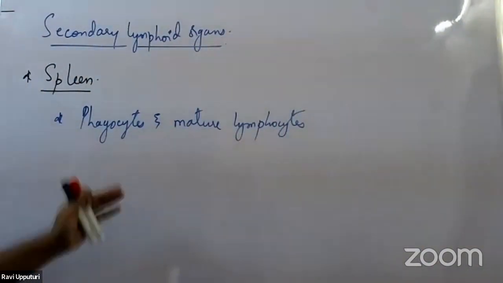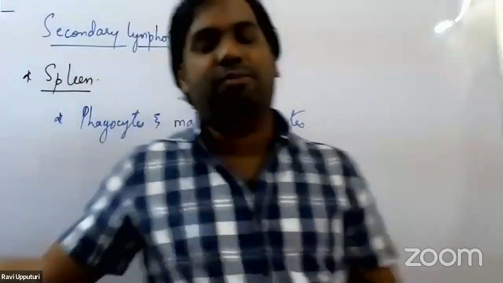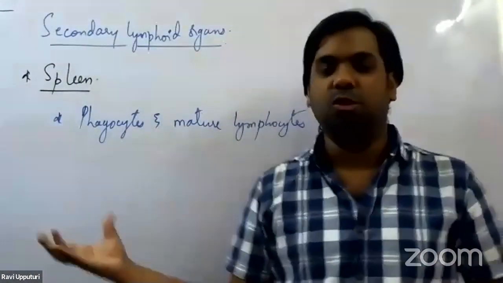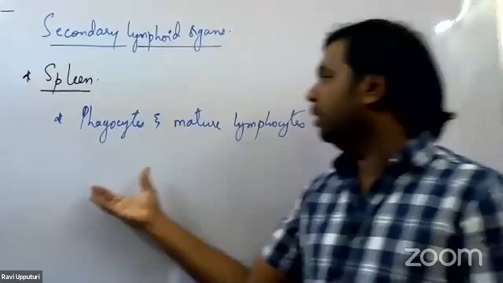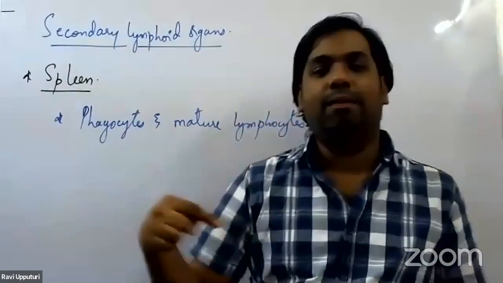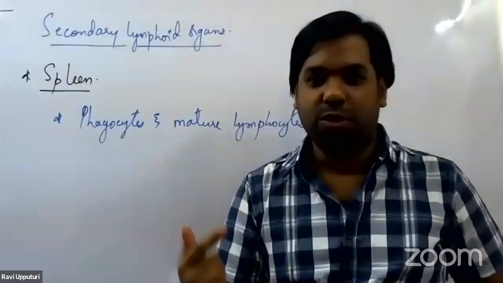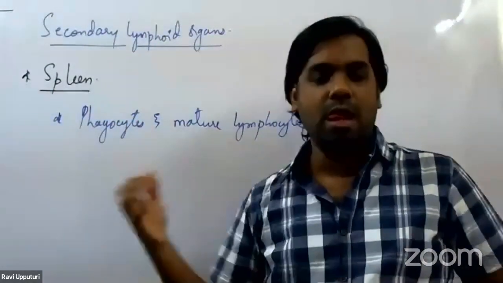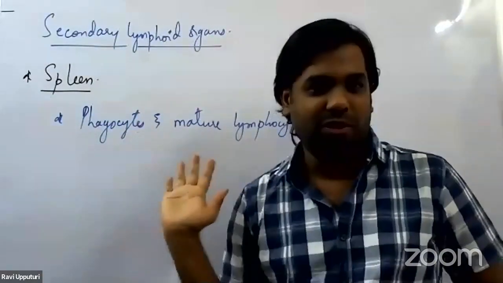So this spleen usually consists of phagocytic cells, mostly macrophages, and along with that, they also contain mature lymphocytes, both T lymphocytes and B lymphocytes. That is what this spleen has. Along with this, the dead RBCs are also present here.